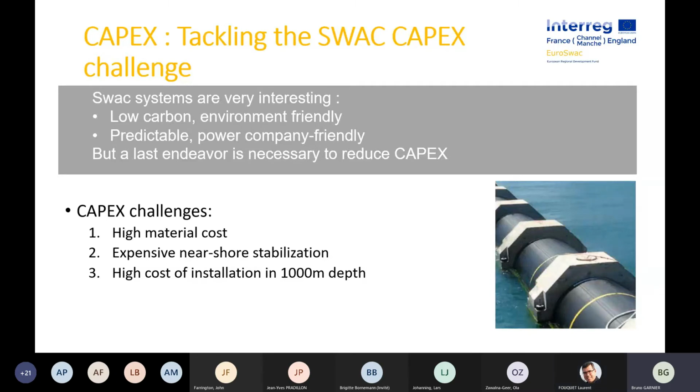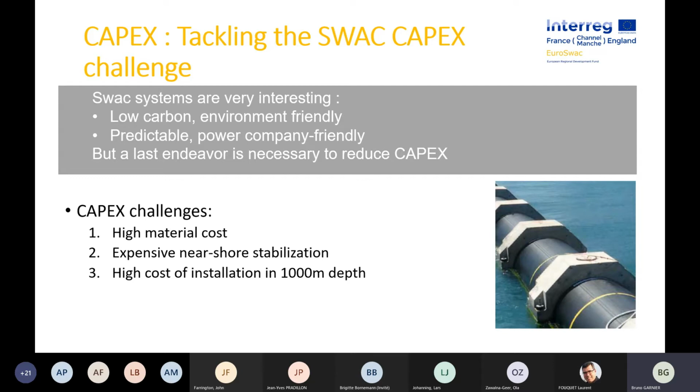The SWAC systems are very interesting because they are low carbon, environment friendly, and as they are predictable and load-based heat producing, they are also power company friendly.